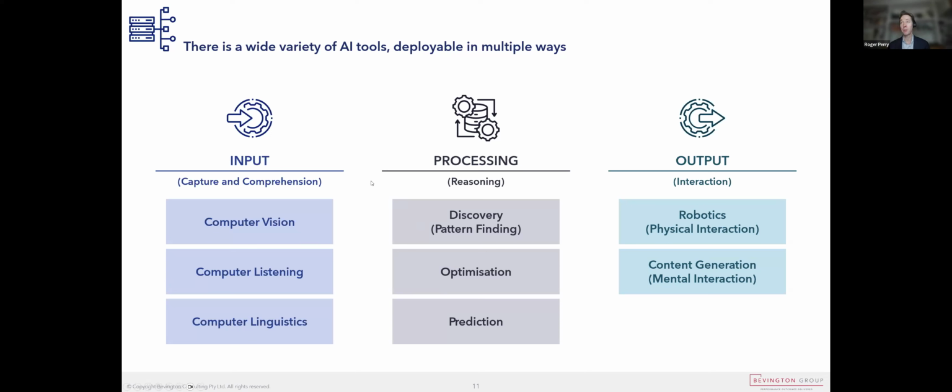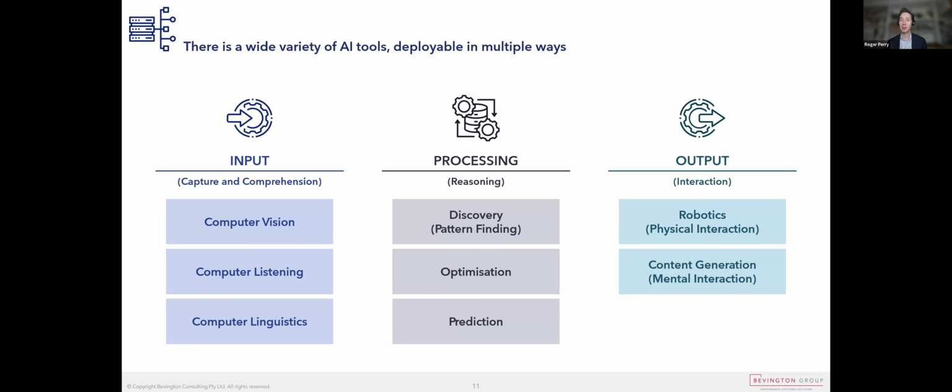So think about optical character recognition, or even actually looking at physical infrastructure and finding where there are faults and therefore predicting what might happen, and therefore perhaps actually tagging and flagging something for predictive maintenance. Computer listening, you'll be familiar with that, for example, on your phone. And computer linguistics. So let's just think about the natural language processing just for a start that we'd all be familiar with by now on something like ChatGPT.